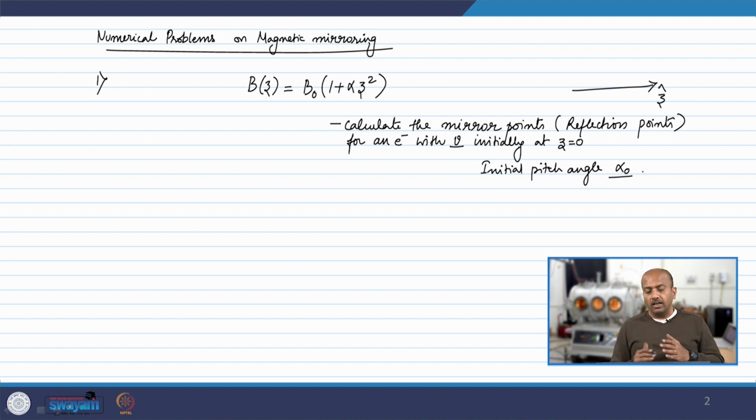Now we have to calculate where exactly the particle will mirror or reflect back. When the particle is reflecting back, the only thing we have to understand is that at that point the perpendicular component of velocity is the only surviving part. The parallel component of the velocity becomes simply 0.